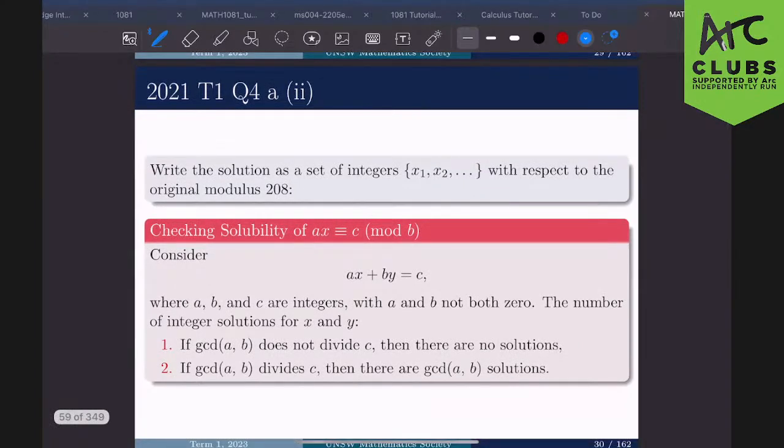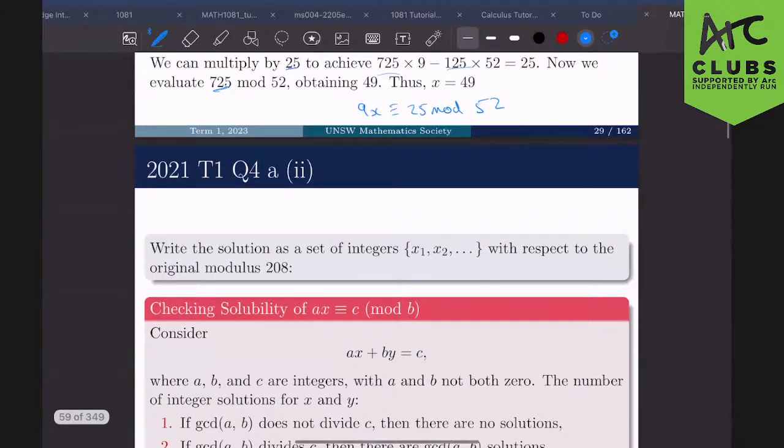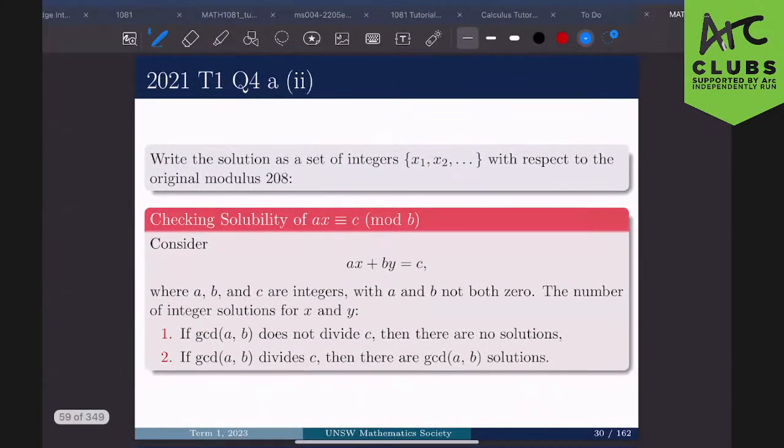So this next question is a continuation of what we just got. Reiterating what I've said before, the GCD of A and B has to divide C. Otherwise, there are no solutions.